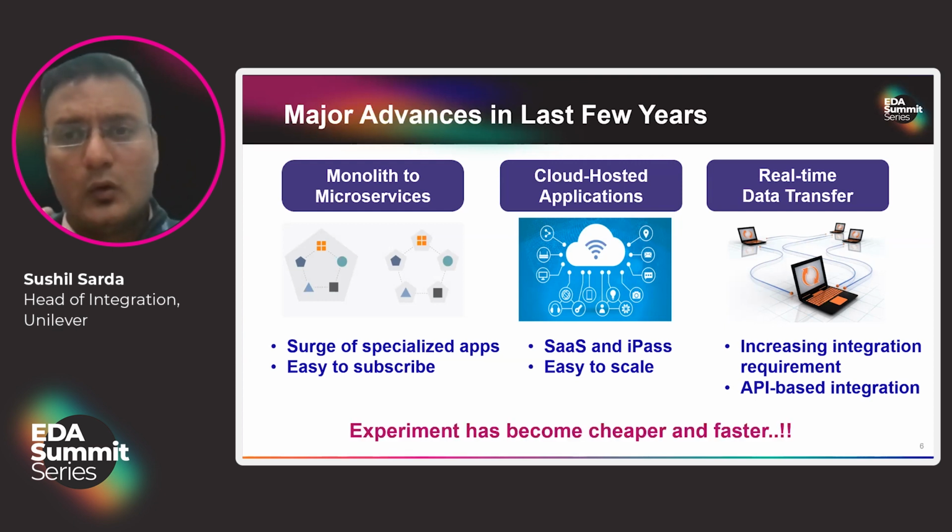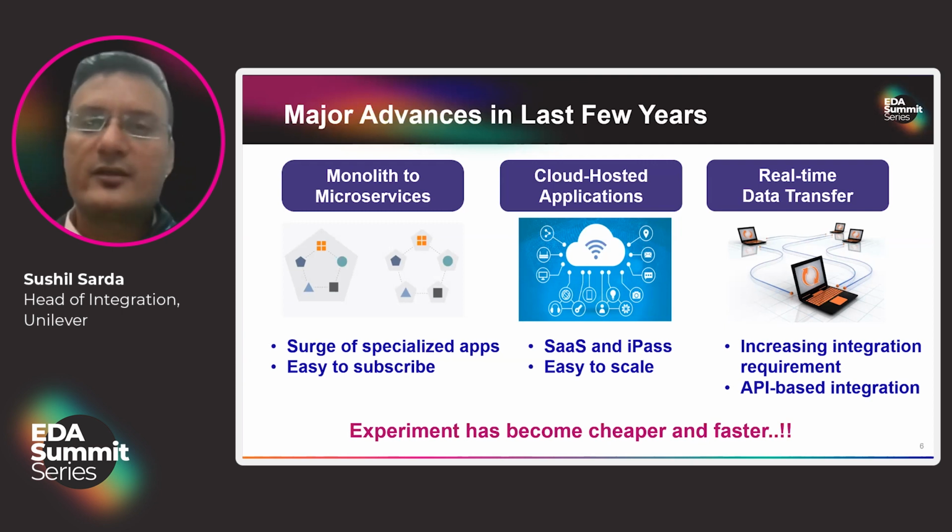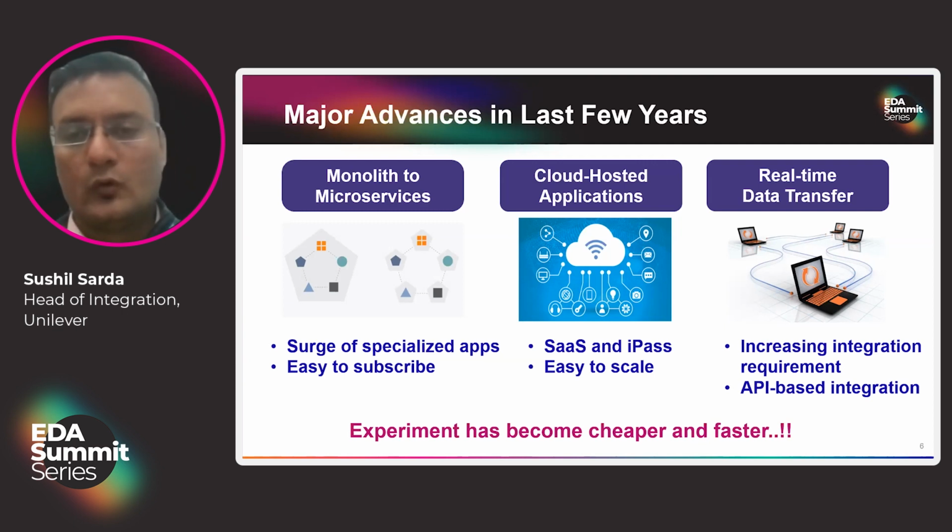If I talk about where it has led on the innovation front, experiment has become cheaper and faster. You don't need to think about a big investment, a lot of approvals, all of those things. Try something quickly. If it makes sense, fine. If it doesn't make sense, just fail fast. So this is what is happening.